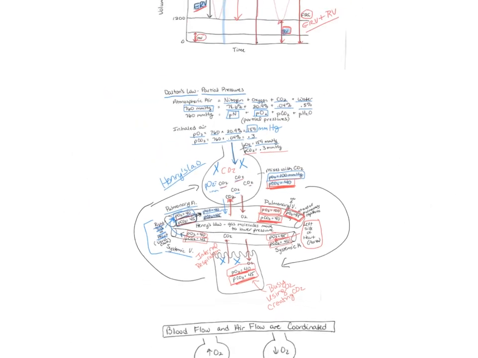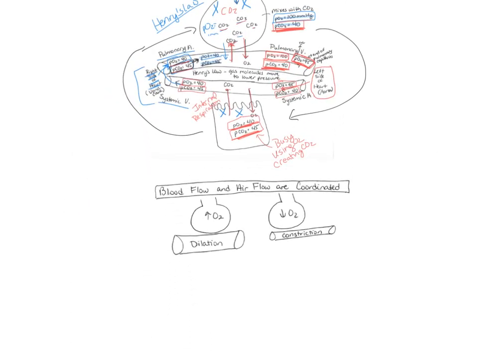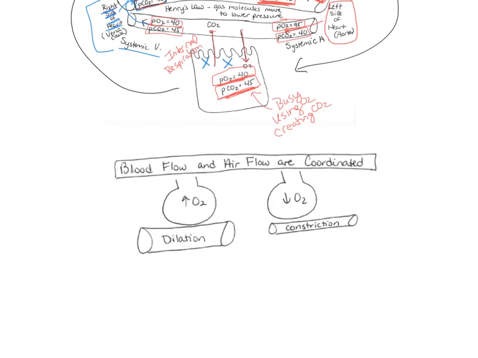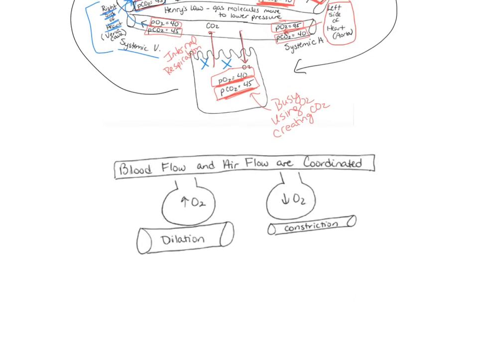All right, one more thing I want to discuss here. The blood flow and the airflow are coordinated. If the alveolus has a lot of oxygen, then the blood vessel will dilate so that oxygen can readily diffuse into that capillary.